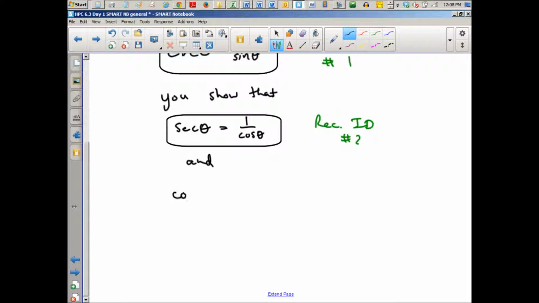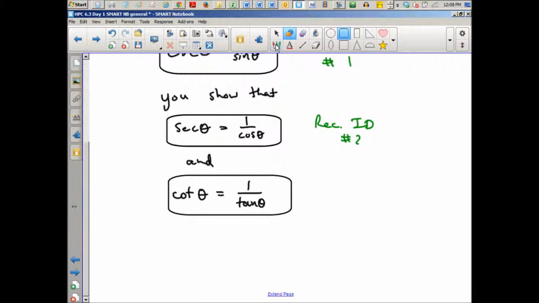Cotan theta is 1 over what? Tan theta. That one's a little bit harder than the secant one. But this is reciprocal identity number 3. See if you can figure out those two tonight.